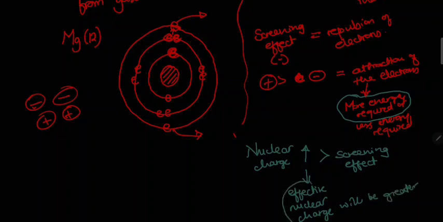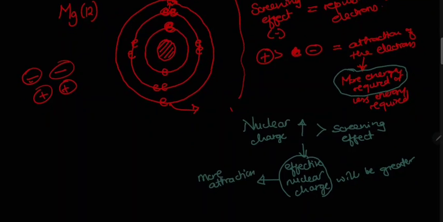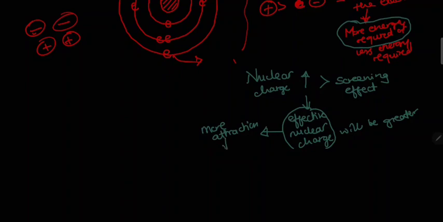Basically this is showing you the net nuclear charge. If it is high, there will be more attraction. If there is more attraction, therefore more energy will be required.